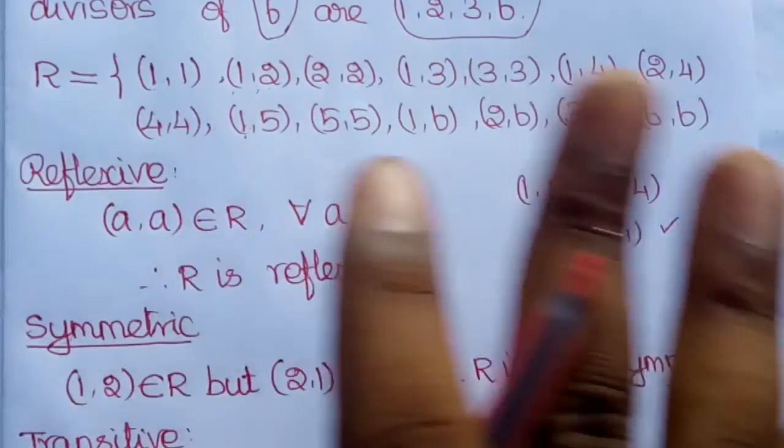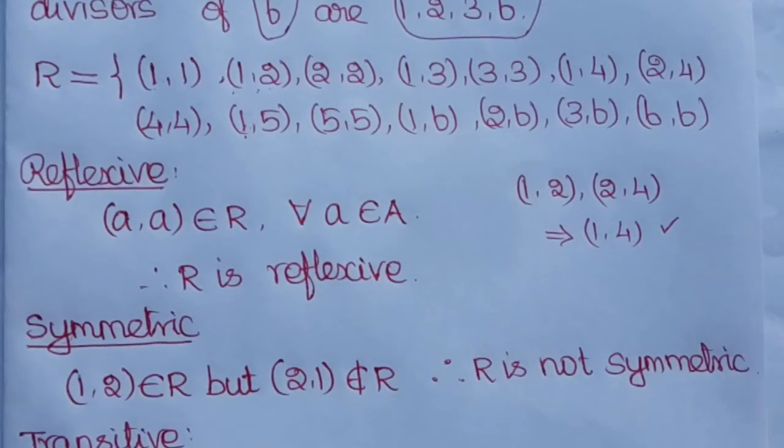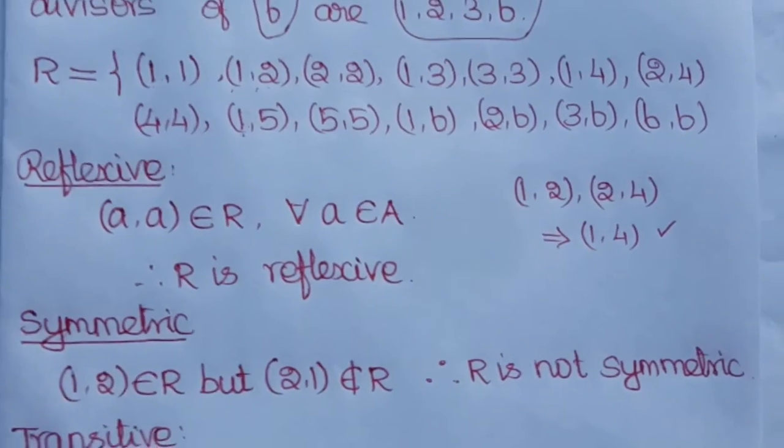So for all the terms we check, all the elements satisfy the condition. Therefore this relation is transitive.